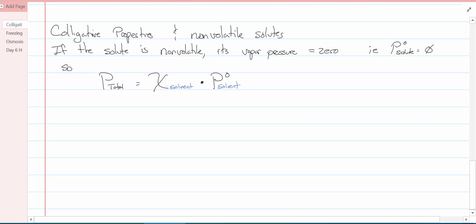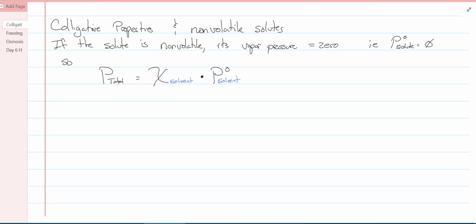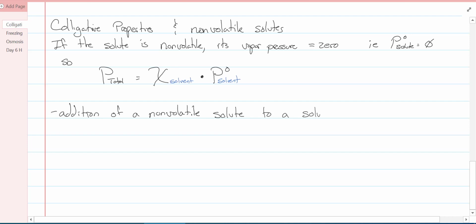Okay? So the addition of a non-volatile solute to a solvent will reduce the mole fraction of solvent and therefore reduce the total vapor pressure.